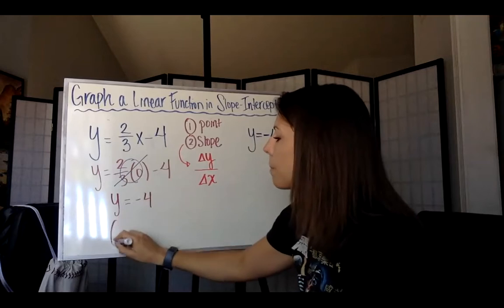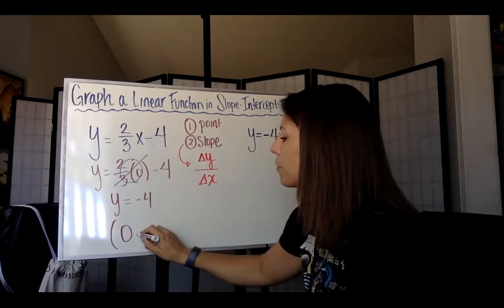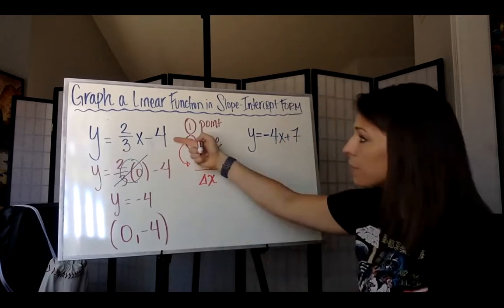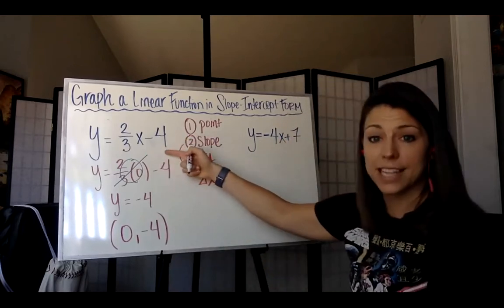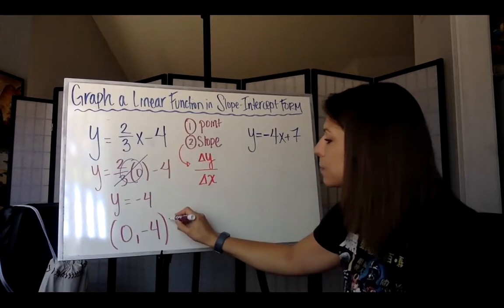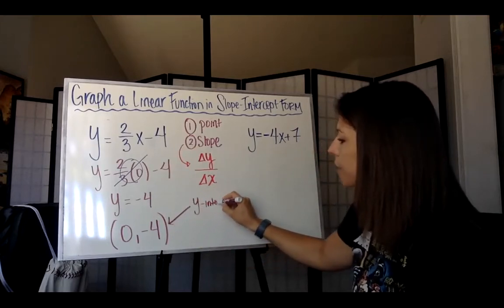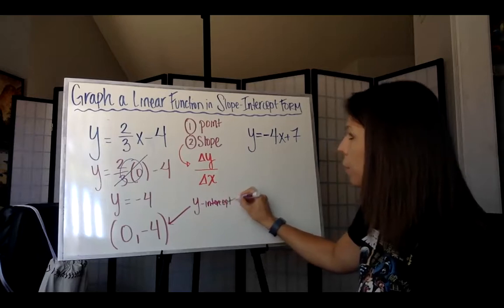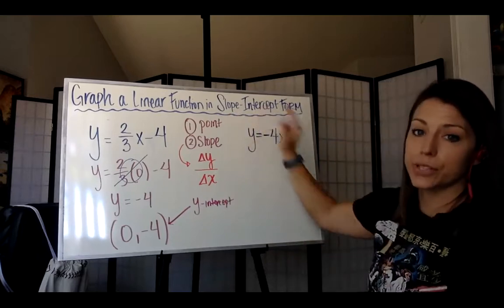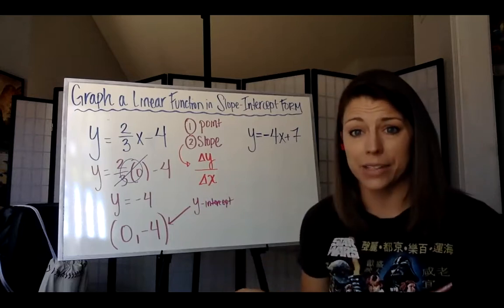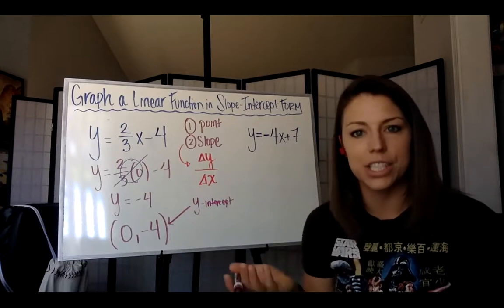So in other words, my point here is that I plugged in 0 for X. I ended up with -4 for Y. And if you notice, that -4 is that constant at the end. This specific point is called the Y-intercept, which is why this specific form is called slope-intercept form. Now, again, you don't have to calculate the Y-intercept. It's just the easiest one to do.